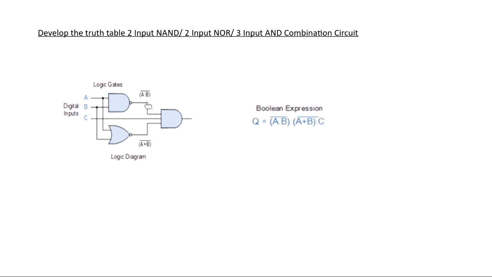Okay, I'm just hiding this Boolean expression. Boolean algebra is the digital algebraic language. Like you study algebra in mathematics, where you find the value of x, y, or z, and deal with different algebraic equations.